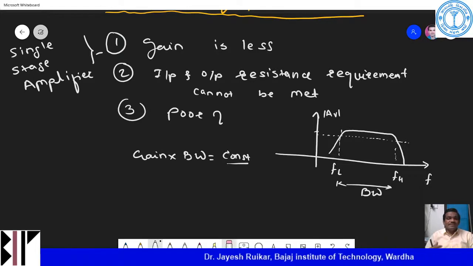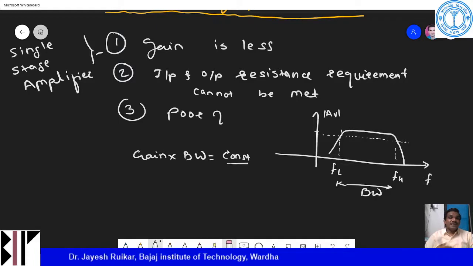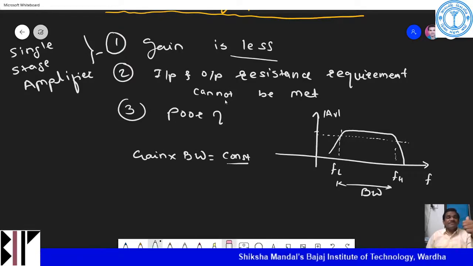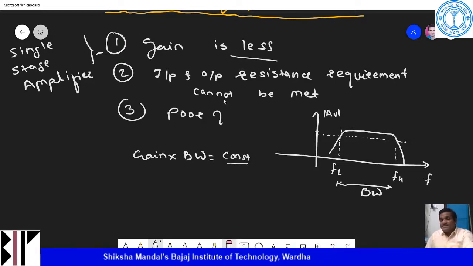In multi-stage amplifier, the gain is high, which we have seen is less in single stage amplifier, but there is a disadvantage also. In multi-stage amplifier or cascade amplifier, your bandwidth is low.